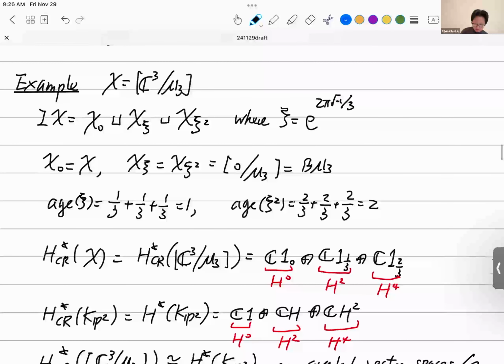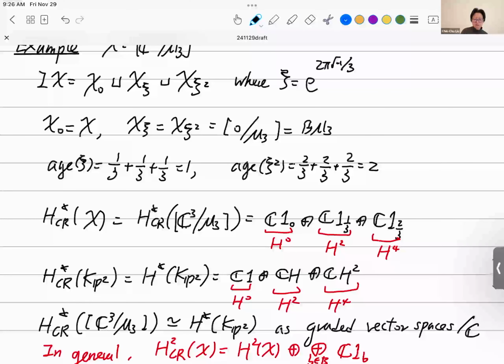The cohomology of each component in this example is just H0. So we have just the unit of the cohomology, but for the twisted sector, we need to shift the degree by 2 or 4.